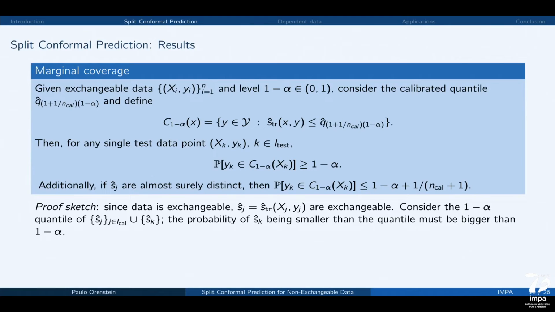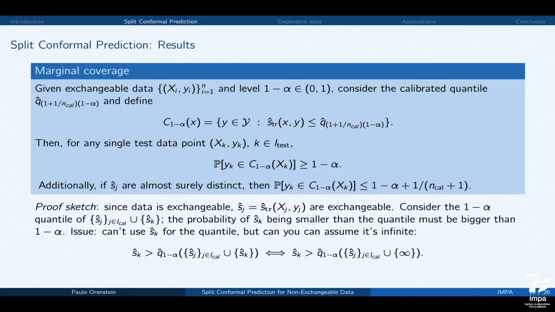Well, this isn't enough because we have to construct this rule C1 minus alpha without looking at S hat K, right? This is cheating. I have to use only my calibration data. But here's the trick. I don't really need it. And this is a cute little idea. Even though you can't use S hat K for the quantile, there are two equivalent events here.